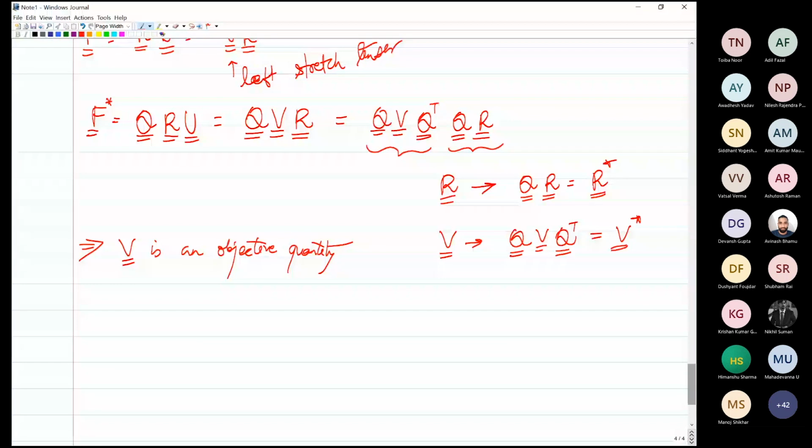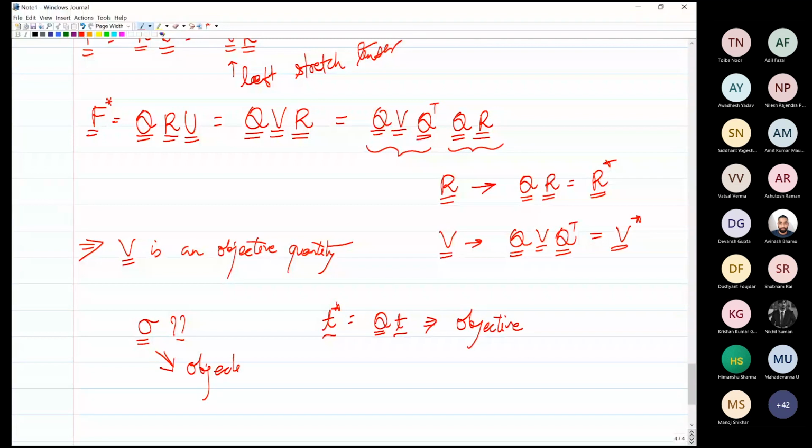So for the traction, you notice that T star is indeed turning out to be Q times T. So it is objective. What about sigma? You will notice that sigma is also turning out to be objective. So maybe you try to work it out and show that sigma is objective.